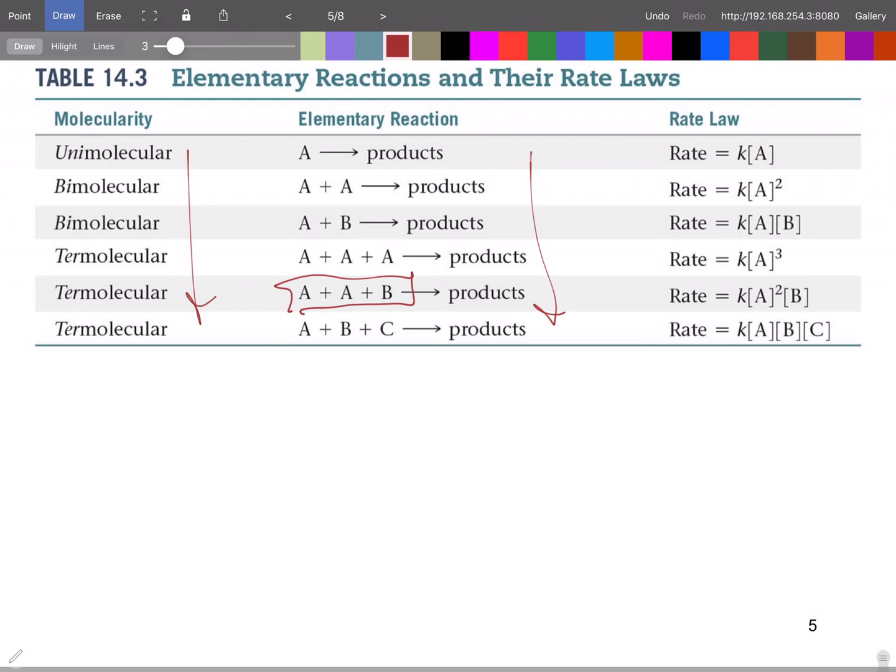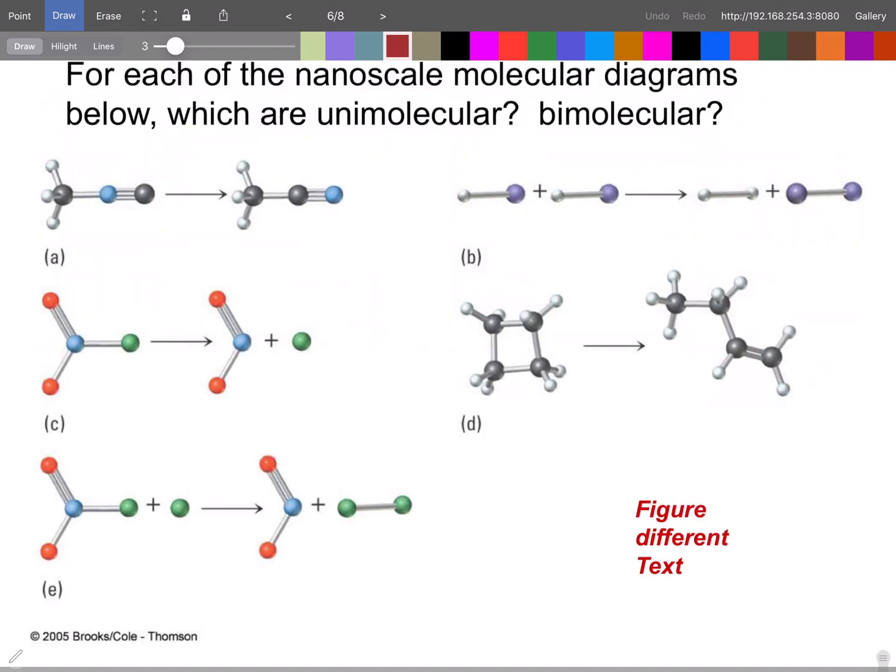So notice we have 2 A's and a B, so this is A times A, remember, is equal to A squared. So this is A squared B. This is A times B times C. This is AB, AA, etc. So if you have a point of confusion, you may want to take a second and look over this slide here.